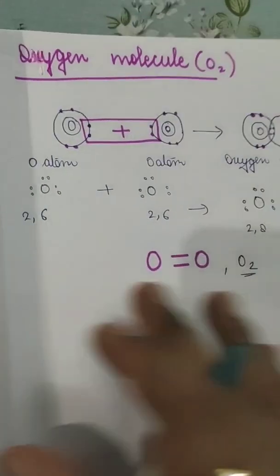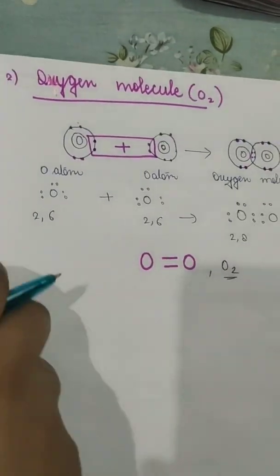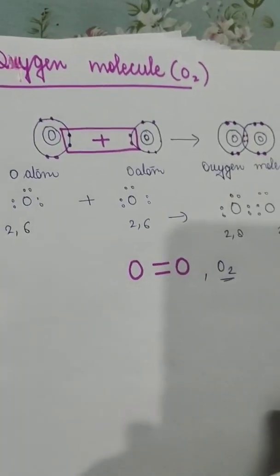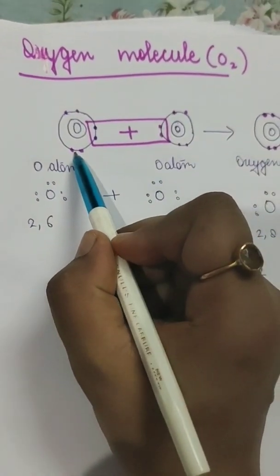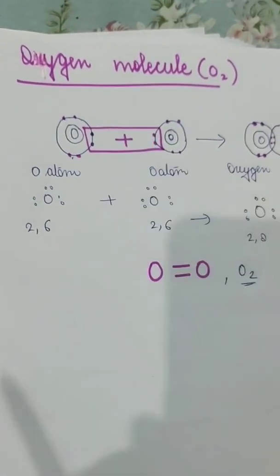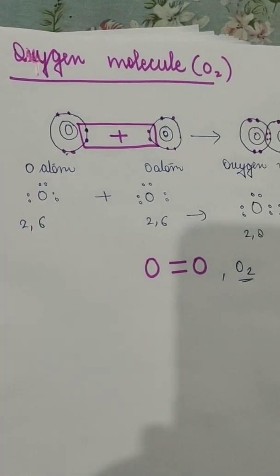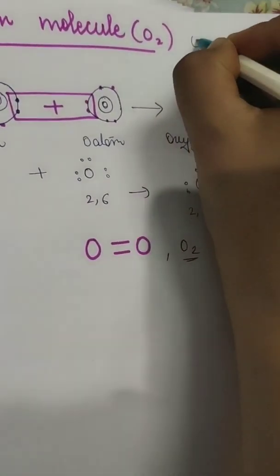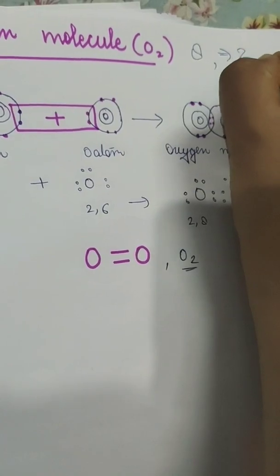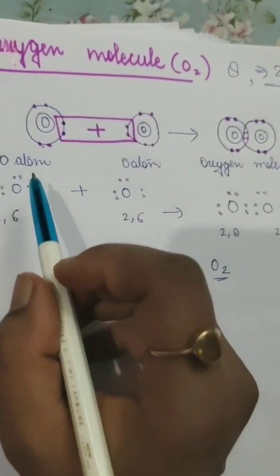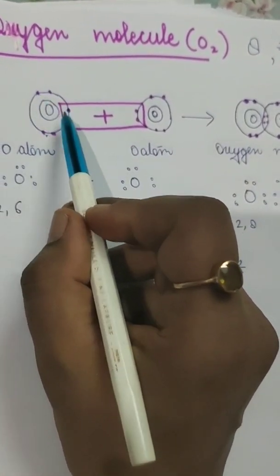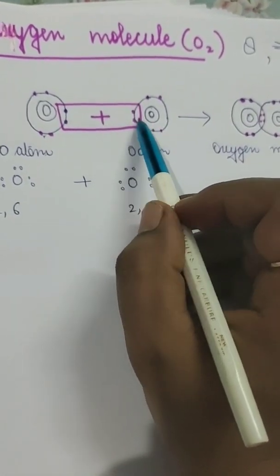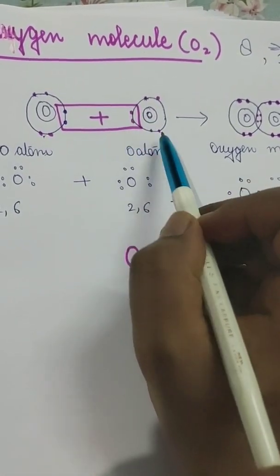Okay, so after this comes the next example of oxygen. Now the oxygen molecule, we know that it's also a diatomic gas. Oxygen has atomic number 8 and configuration 2, 6. So it has 6 electrons in its outermost shell. It will combine with the other oxygen atom, which also has 6 electrons.